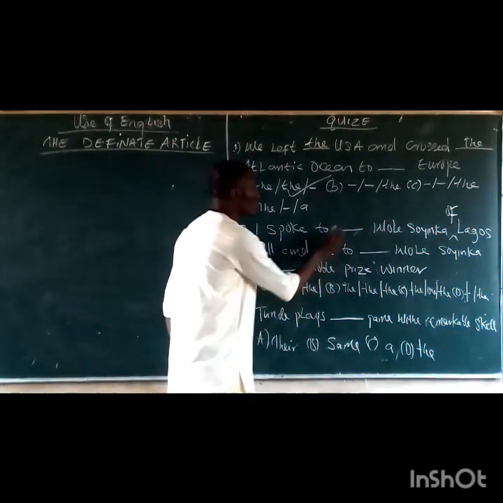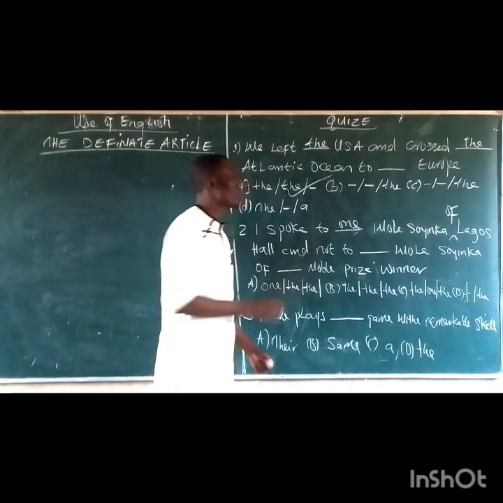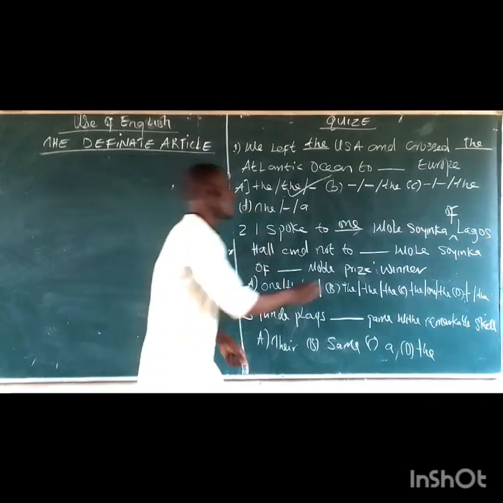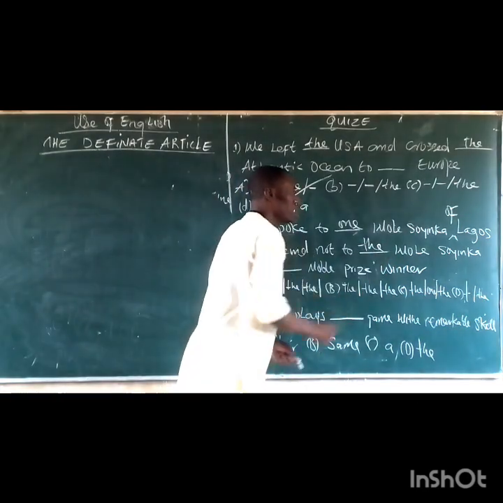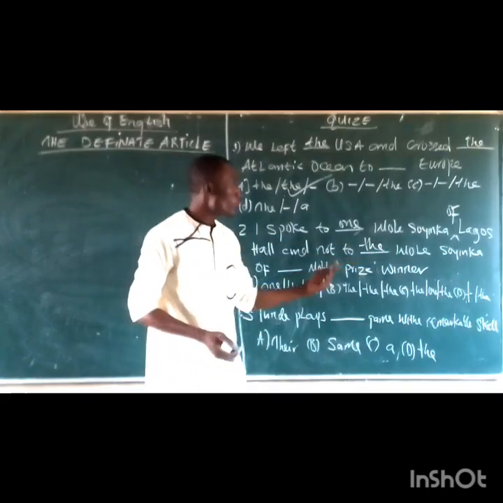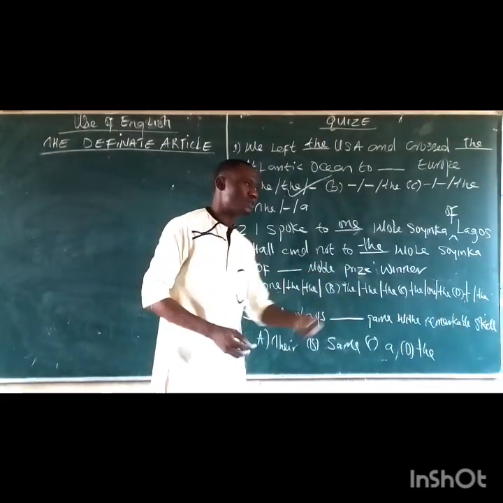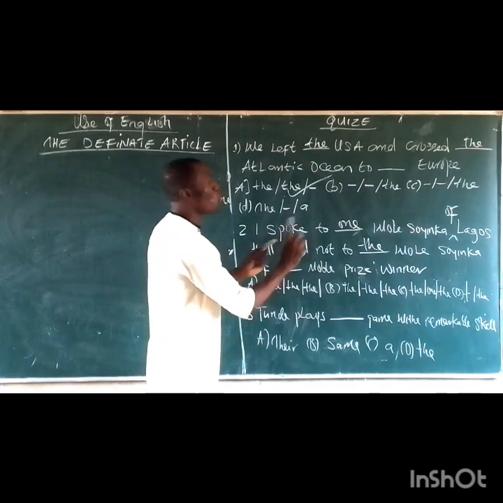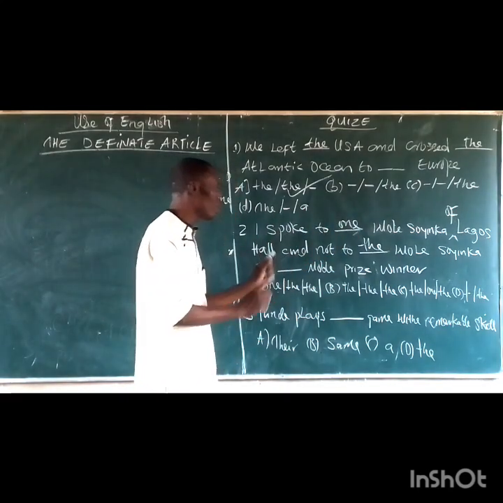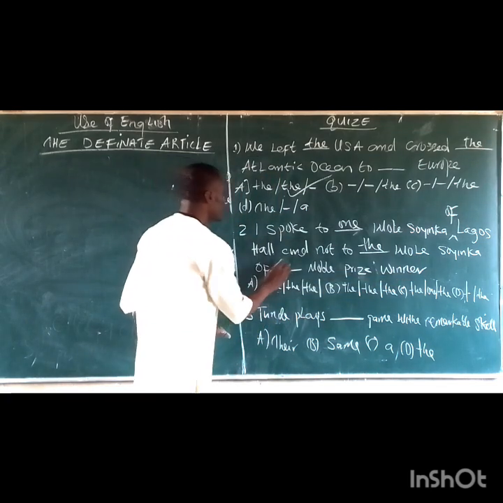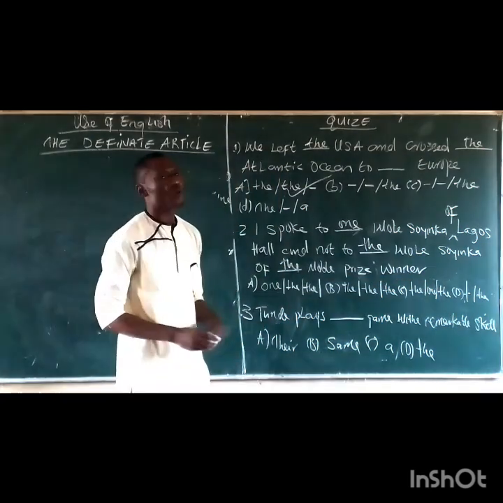So I spoke to one Wole Soyinka of Lagos Hall and not to D. This D is to introduce the Wole Soyinka, the Nobel Prize winner. So I spoke to one Wole Soyinka of Lagos Hall and not to the Wole Soyinka the Nobel Prize winner.